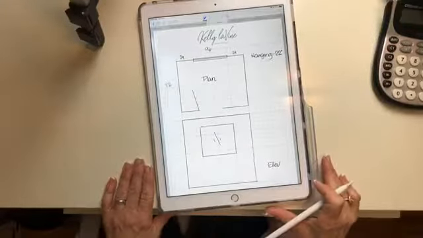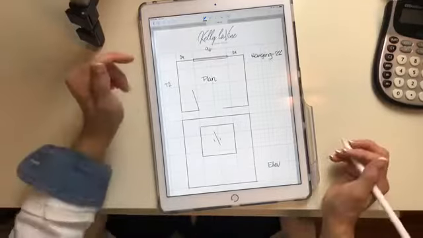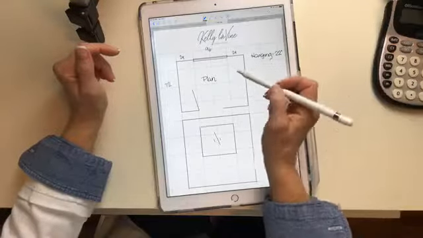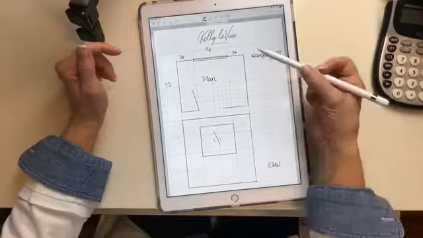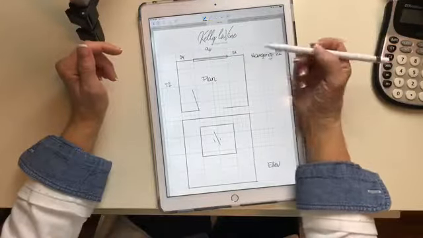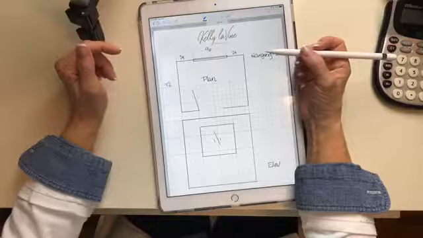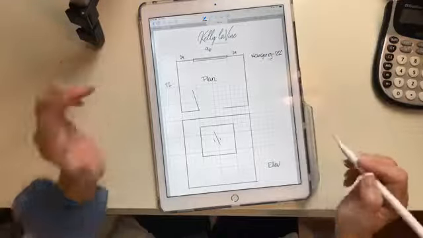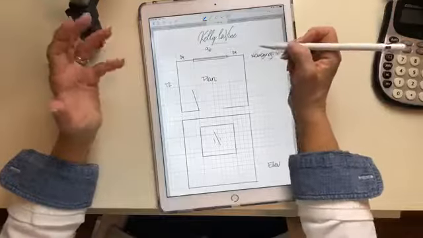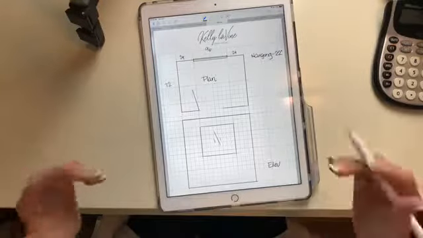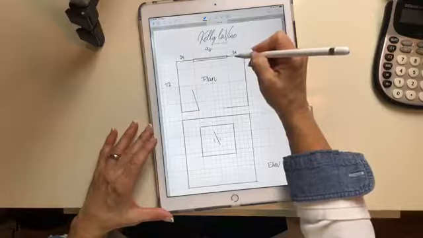So hanging clothes equals 22 inches. If we are putting hanging clothes back here, we are not going to be in front of the window. The problem that happens when people are designing closets is, remember, our structure or our shelf is generally only 12 or 14 inches.